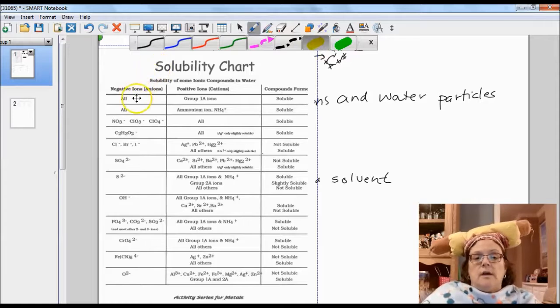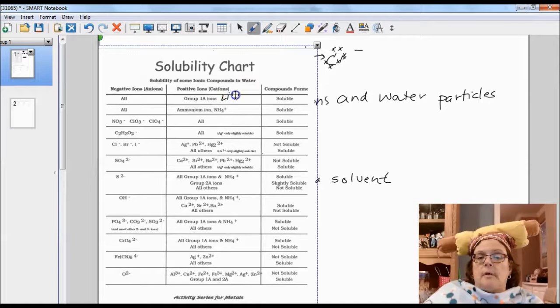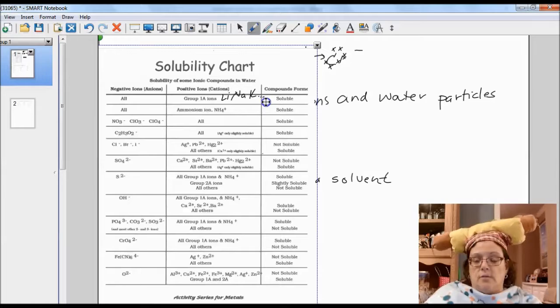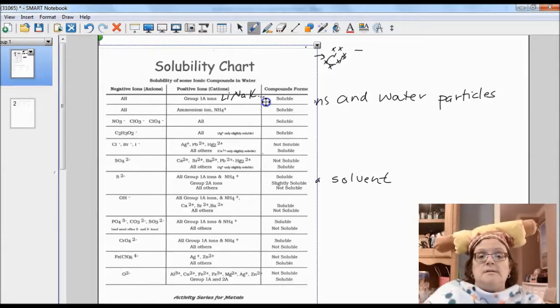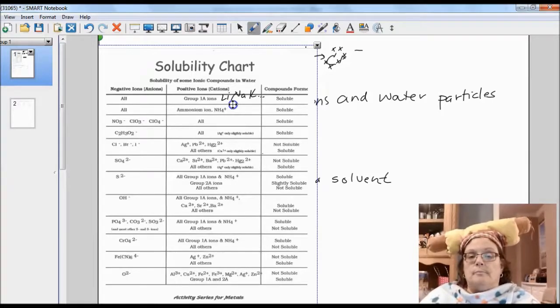If we look at the chart, it tells us that any negative ion that is paired with someone from group 1A, which would be lithium, sodium, potassium, so on and so forth, will always be soluble. Sodium compounds are always going to be soluble. Doesn't matter, whoever they're bonded to. Same thing goes for ammonium ions. So, both the group 1A and ammonium ions, always soluble, will always dissolve in water.